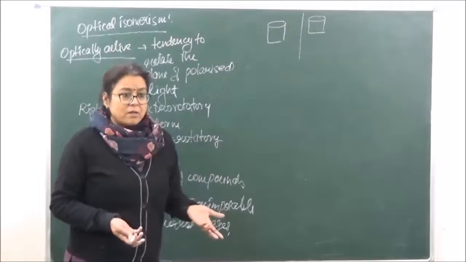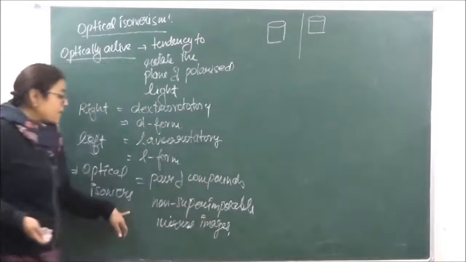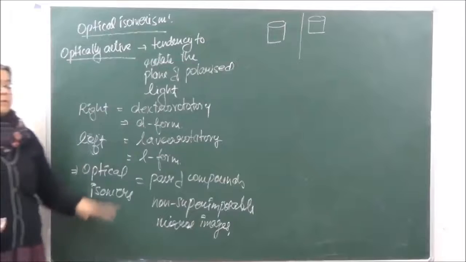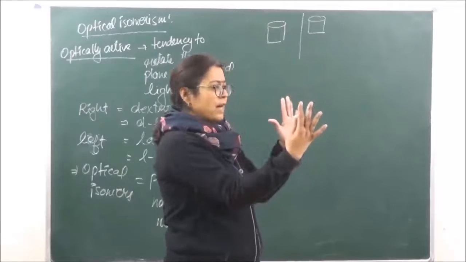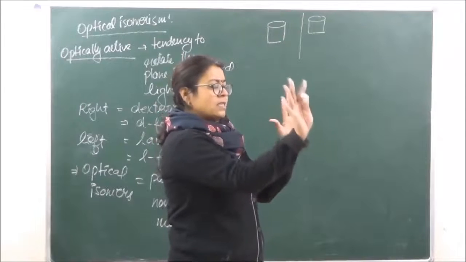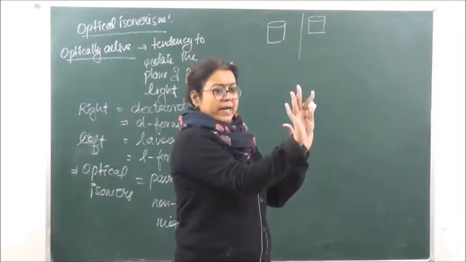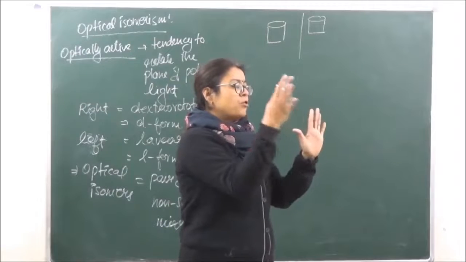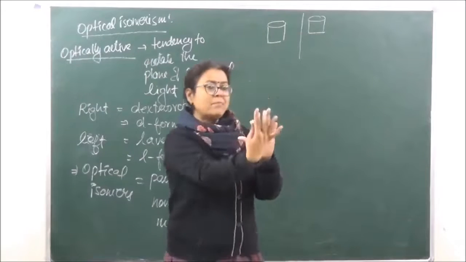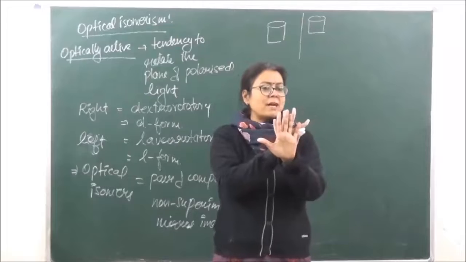Pairs of compounds which are non-superimposable are like our hands. This is the image of the hand which we see. If we want to place it on the original, the thumb does not come on the thumb.